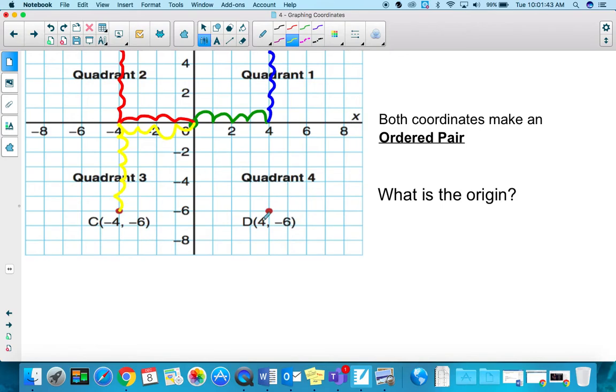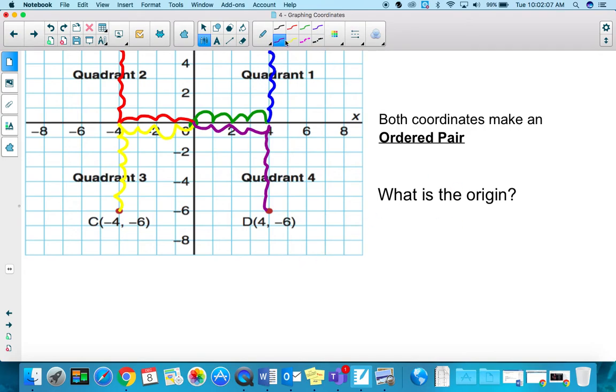Okay, and then our last coordinate here, coordinate D. Let's do that one. It tells us to go to 4 on the X-axis and then -6 on the Y-axis. So we're going to go from the origin 1, 2, 3, 4, and then go -6 on the Y. 1, 2, 3, 4, 5, 6. So it gets us there.